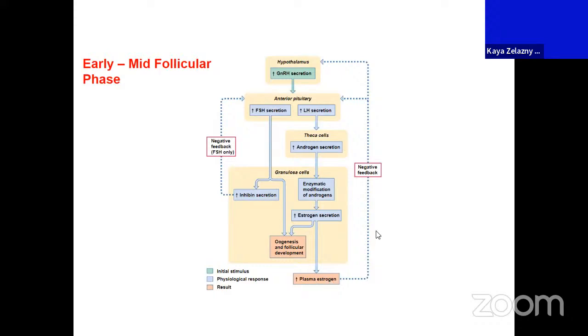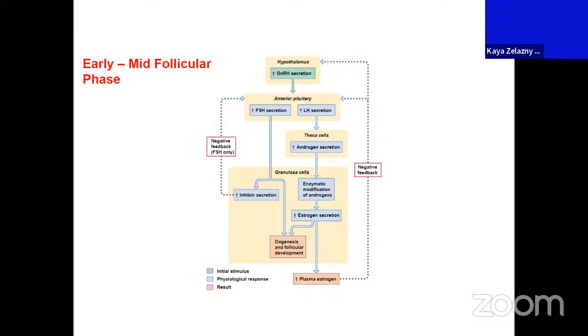And this is a negative feedback loop on LH and on the original signal coming from the hypothalamus. So we've got multiple levels of negative feedback from estrogen. The big point of that is that while we're still developing these follicles, we don't want our LH surge to happen yet. We don't want the FSH surge to happen yet.